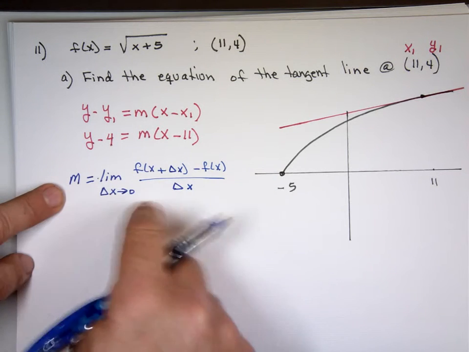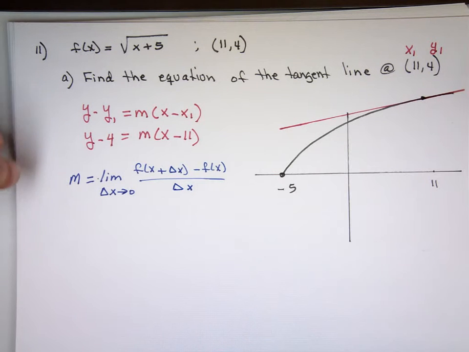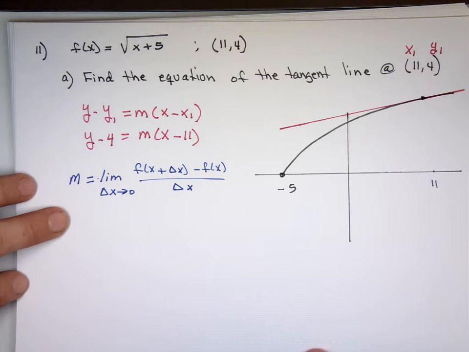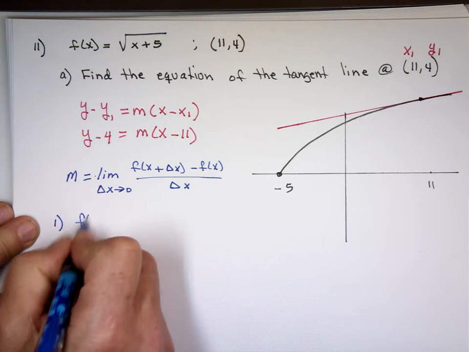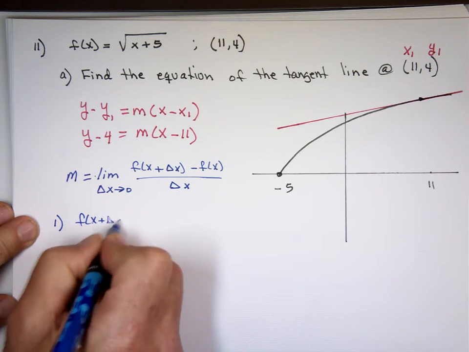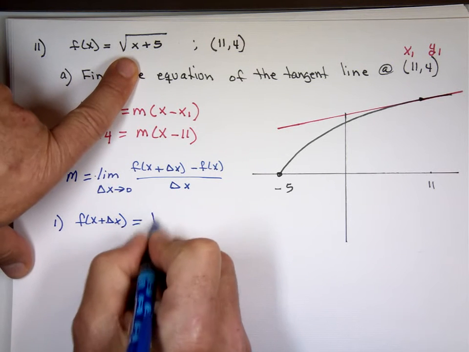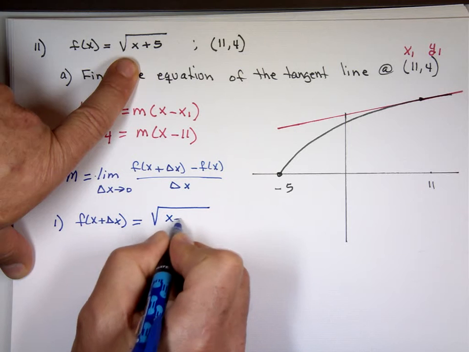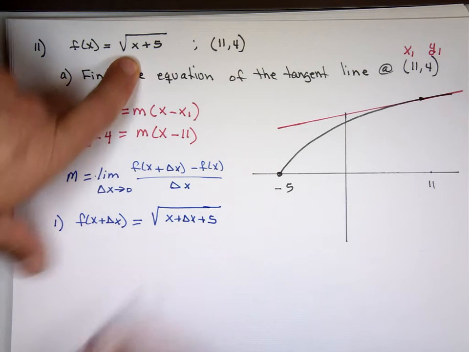Once I figure out what that number is, I can plug it in, and I have the answer to that problem. So step number 1, the 4-step process, f of x plus delta x. Go to this function, replace x with x plus delta x. And that's what you have. Can't simplify it.